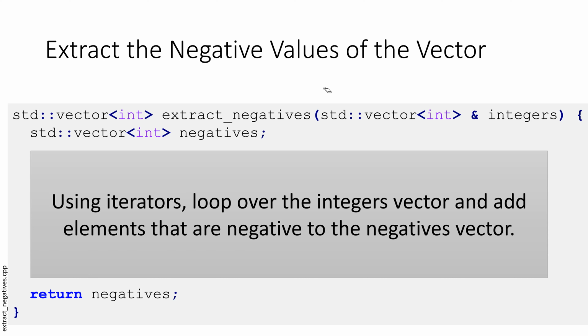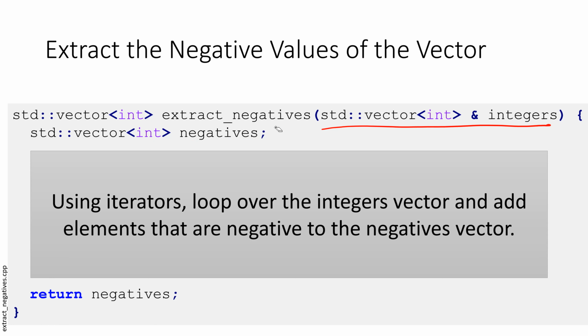Okay, so that said, though, I'm going to get you to write a bit of code using iterators. So this is basically the function that we wrote last week, where we're going to extract all the negatives from a vector. So we're passing a vector in, called integers, and we're making a vector called negatives, which we're going to return.